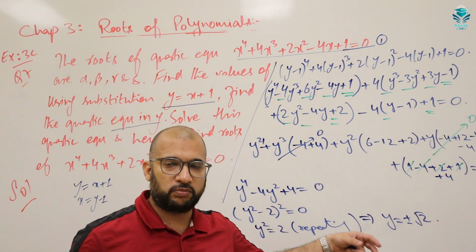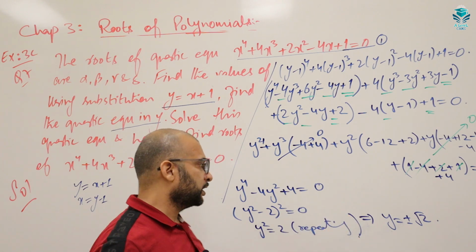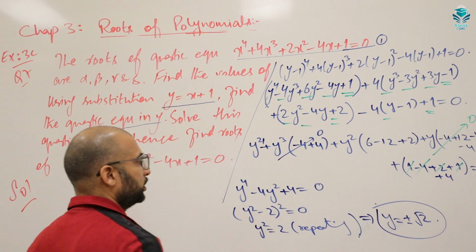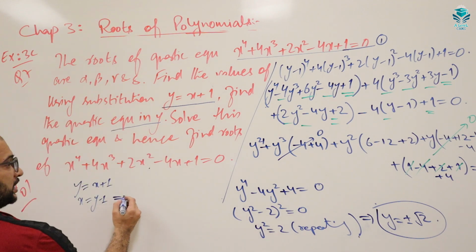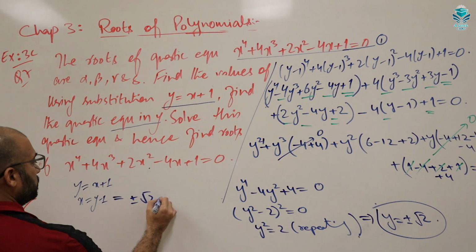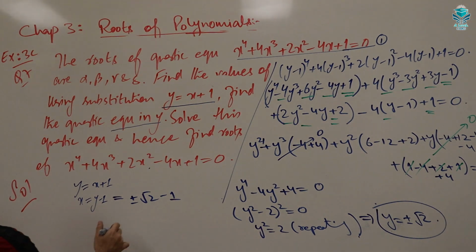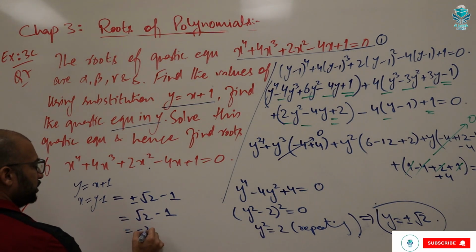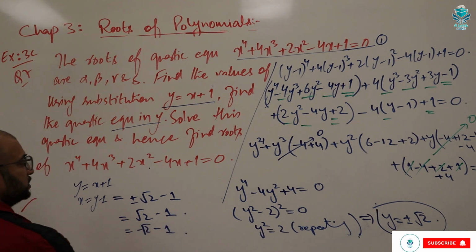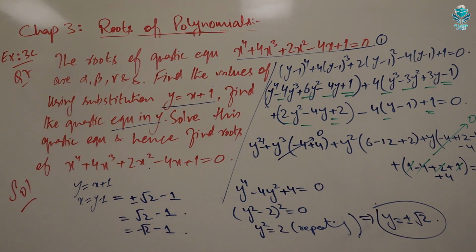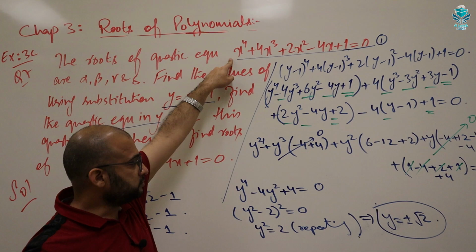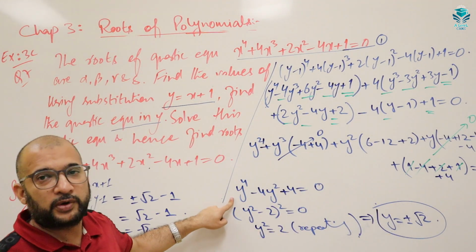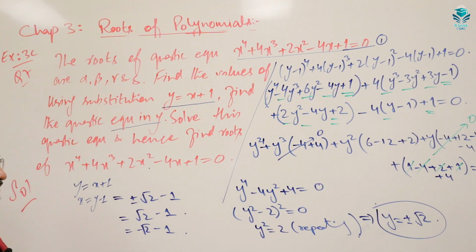It has 4 roots but they are repeating, so the distinct roots are plus or minus square root 2. So students, x can be written as plus or minus square root 2 minus 1. These are the roots of the given equation, 2 distinct but each repeated. So your question is complete.